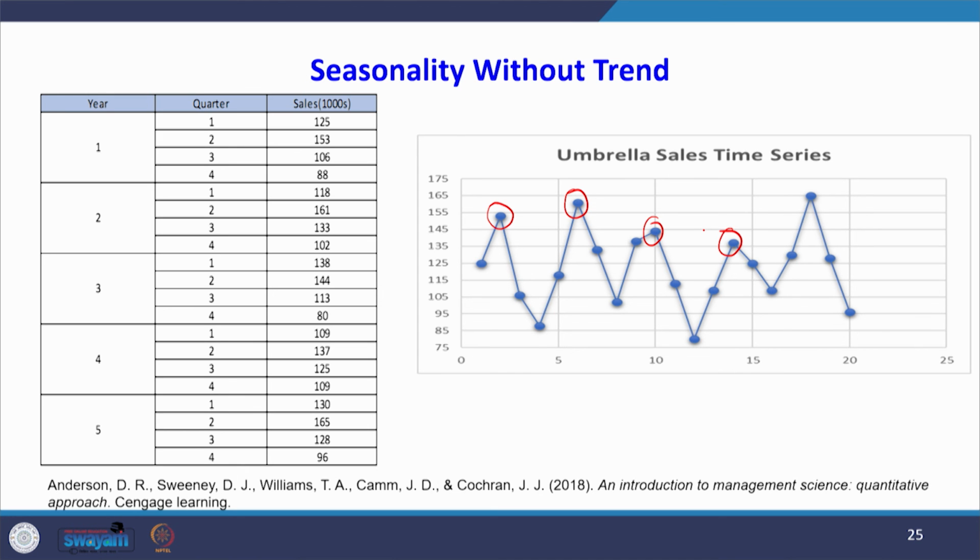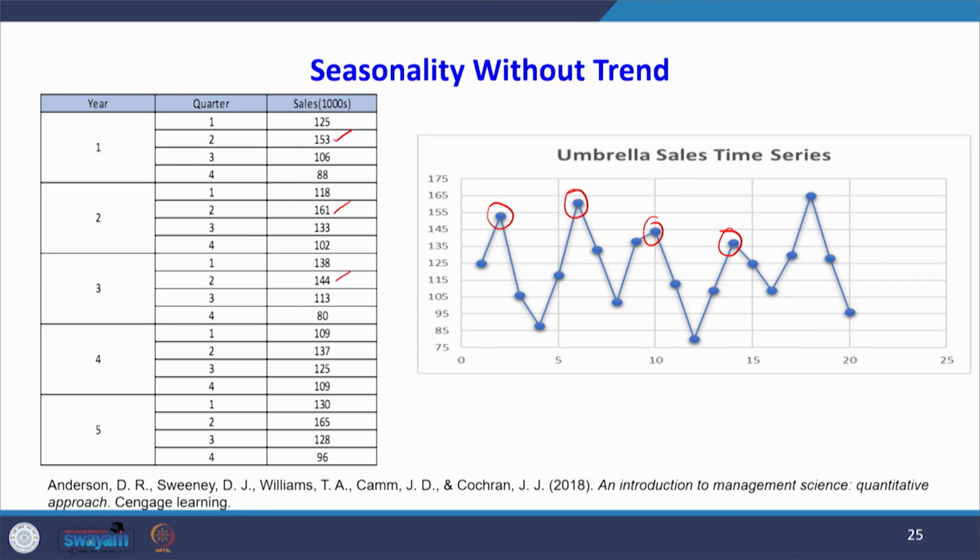In this data, the values in the second quarters are always higher. For example, here it is 153, here it is 161, for the third year also it is 144. So, in the second quarter there is a cyclic pattern, but there is no trend.